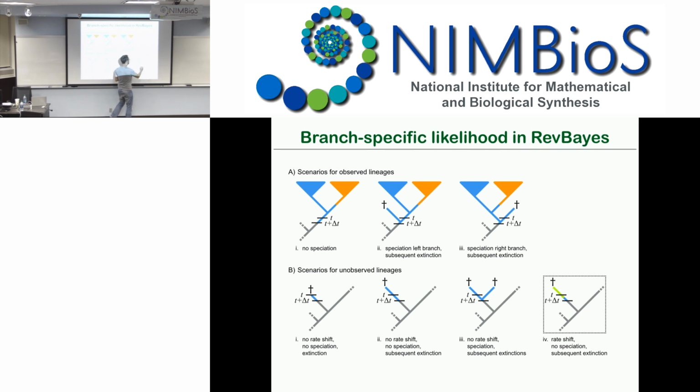But in those examples we are also taking into account that there was a rate shift event at one of the extinct lineages, and then with a new rate category, that one goes extinct more recently, so closer to the present. In the examples that we have here on the observed lineages, we are not directly integrating over rate shift events because we're actually mapping, so we use data augmentation to map where those rate shift events occur.